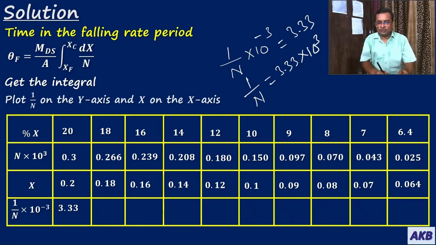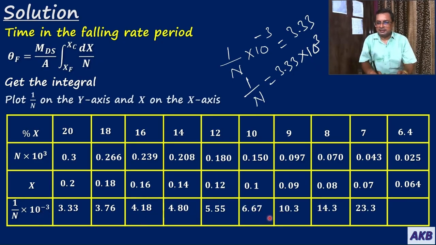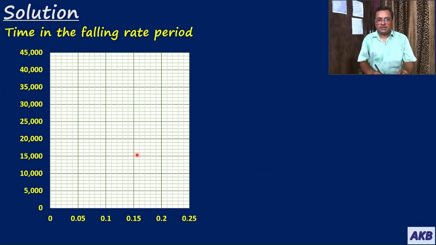Each of the values that we will be listing over here, we will have to multiply with 10 to the power 3 to get 1 upon n. Please try to understand this. So I am listing various values of 1 upon n into 10 to the power minus 3, and now we are going to use these values to get this integral. Now the data is ready with us. We just have to plot the graph. Let us move ahead.